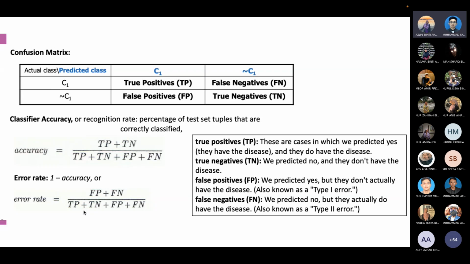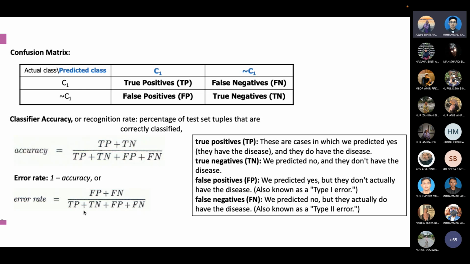Actual class yang sepatutnya, tapi bila masuk dalam model kita keluarkan results apa. Is it true or the other class lah. So classifier's accuracy is to test how accurate your model predict class tu.